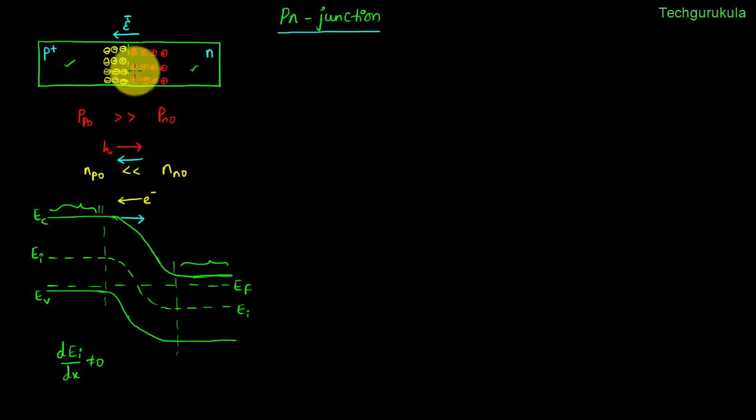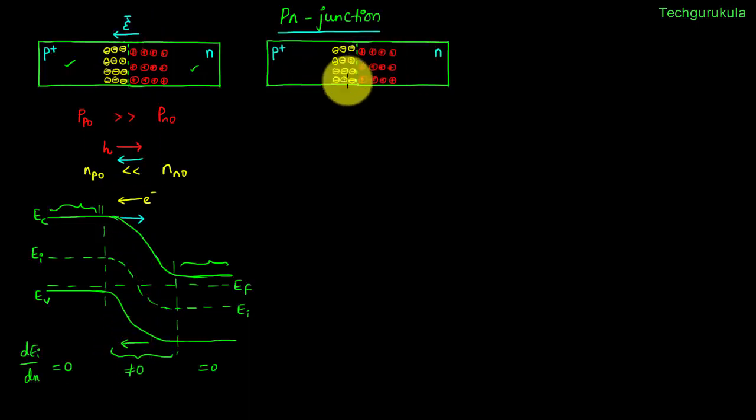And at the junction where we have the ions exposed, the EI is actually changing with respect to x, which means the dEI by dx is not 0 in this range, which means there is electric field. And that too, we are getting a negative sign, which means the electric field this equation is predicting is in this direction, which is exactly what we discussed.